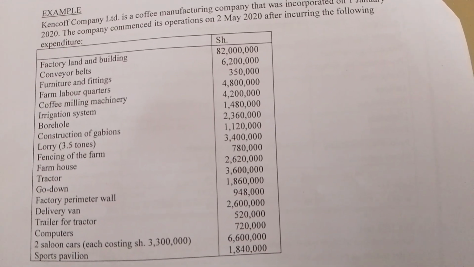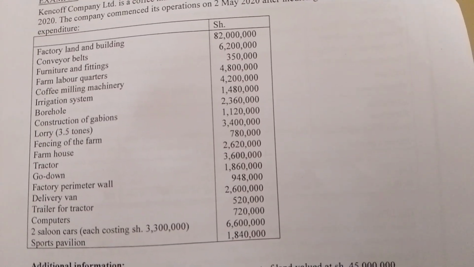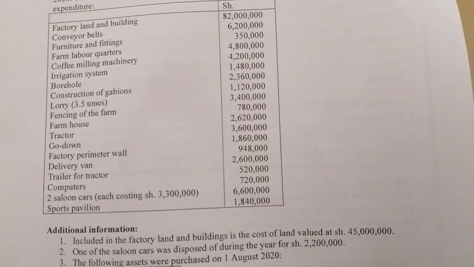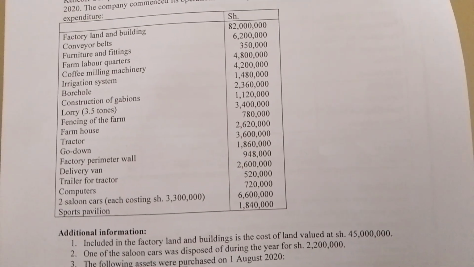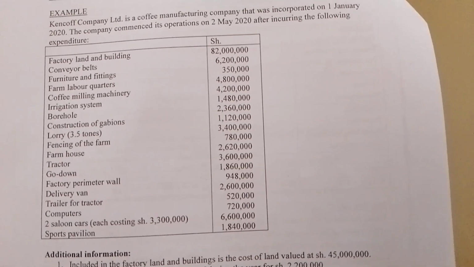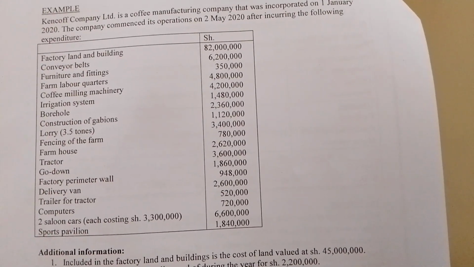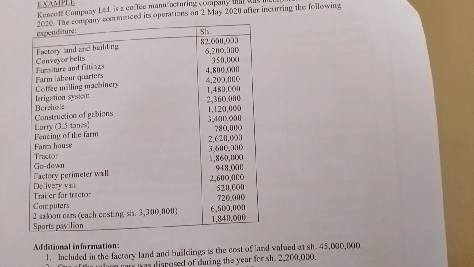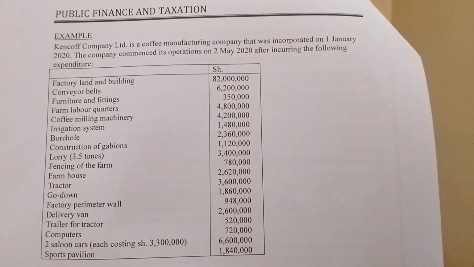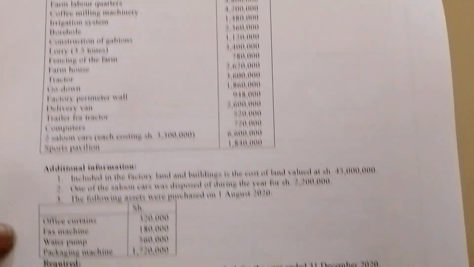Irrigation system, borehole, construction of gabions, lorry, 3 tons, fencing of the farmhouse, tractor, go down, factory perimeter wall, delivery van, trailer for tractor, computers, 2 saloon cars, each costing 3,300,000, sports pavilion. So you're given the cost there, which were incurred for those non-current assets.